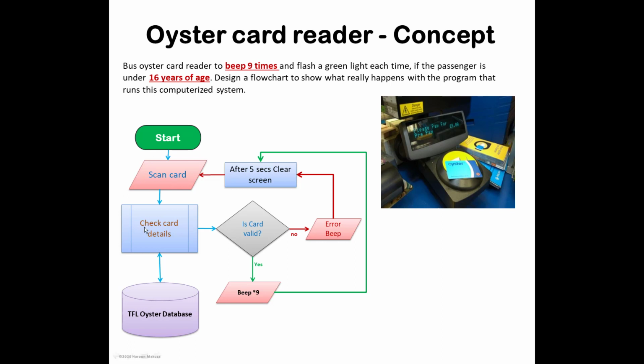Then it's going to check the card details. Now I would say probably here's where it checks whether you are underage or above the certain age, and also whether your card is valid, and whether it has money on it, and so forth. It's going to do that using this database, the TFL Oyster database, Transport for London. Probably in your country it's something else. It's going to check your card details on the database using maybe a wireless connection.